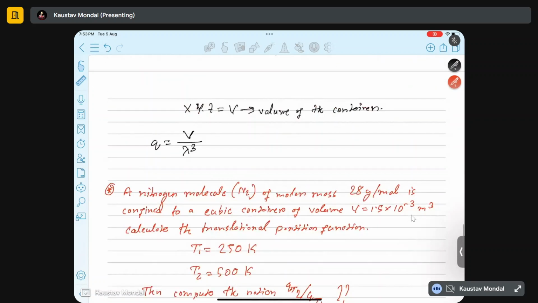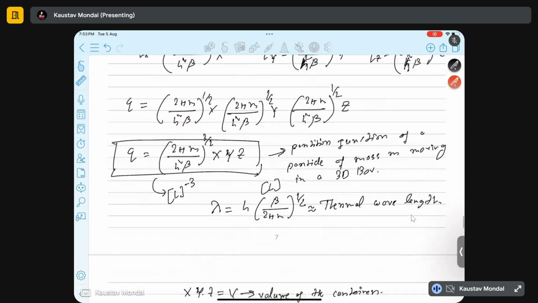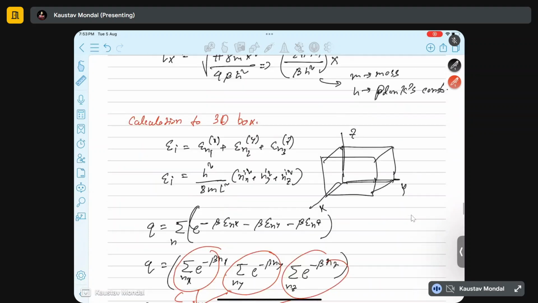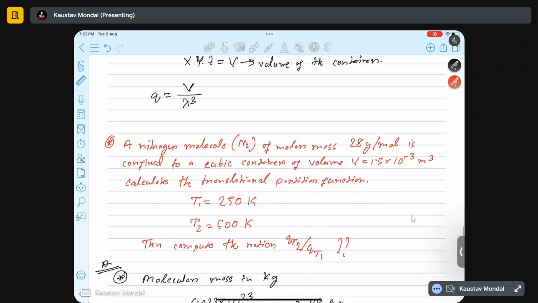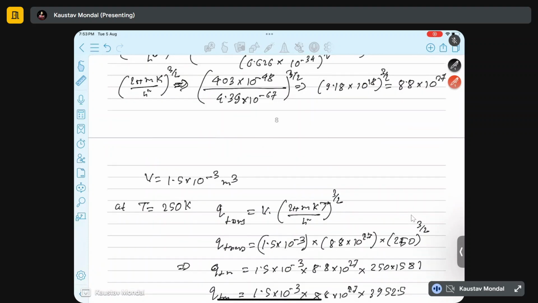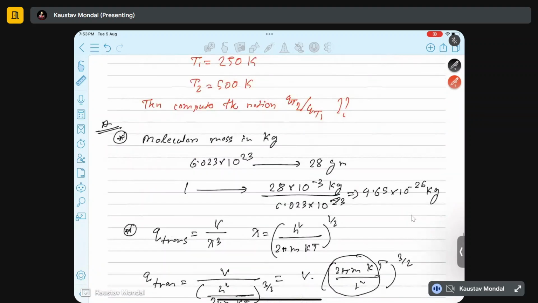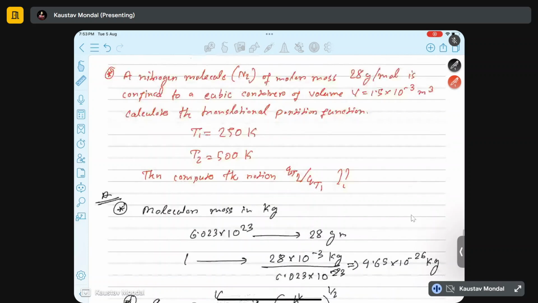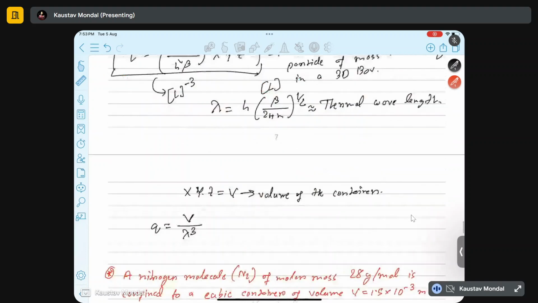Basically, in this section, what you have learned is, let's suppose a particle that is moving in a 3D container. That is a very realistic scenario that we are considering. So in that case, at a particular temperature, what would be the translational partition function of the system?